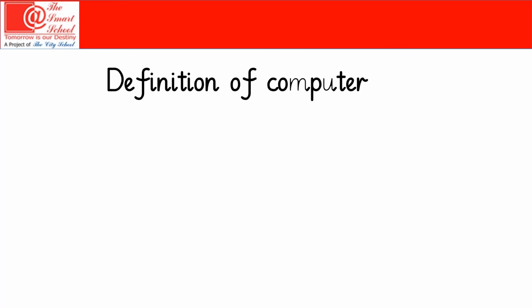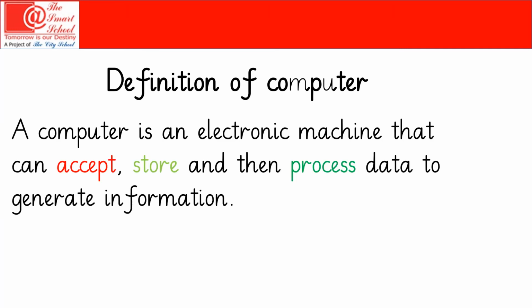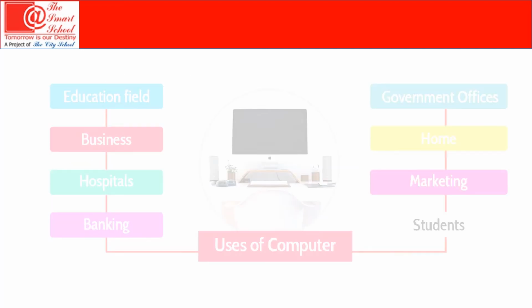Yes. Now students, as you have seen the video, can you give the definition of a computer? Yes, you can read the definition of a computer from your textbook. You are right. A computer is an electronic machine that can accept, store, and then process data to generate information. Now students, can you tell me why do we use a computer?